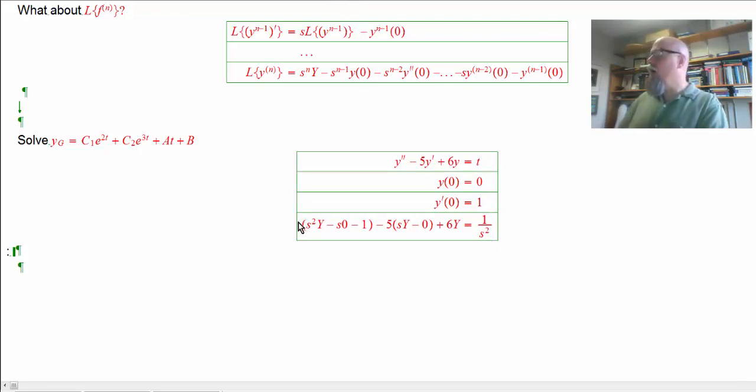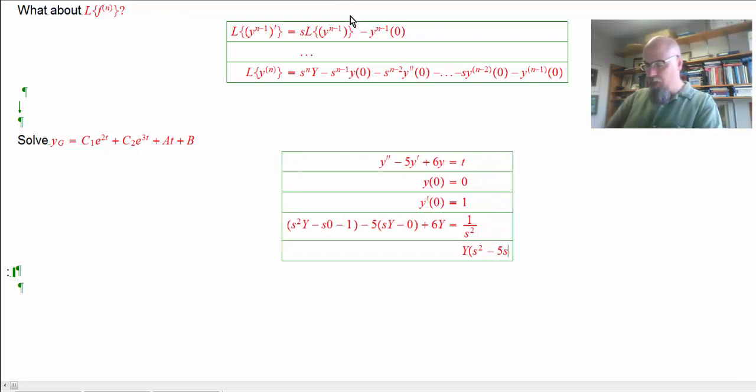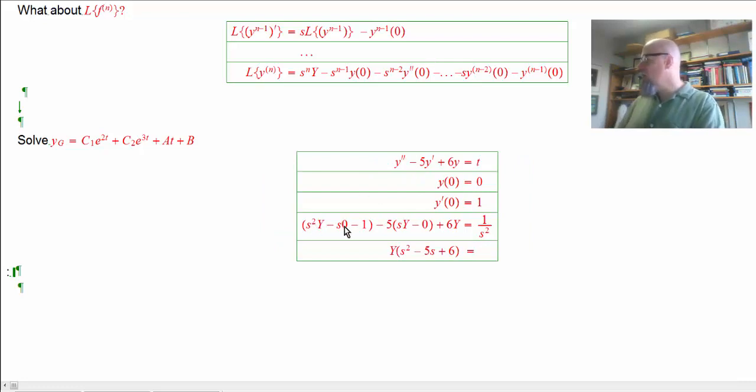So now our next step is to solve for Y. When I solve for Y, there's going to be Y times s squared minus 5s plus 6. There's the auxiliary equation. Those are all the pieces with a Y on it. The only piece that doesn't have a Y on it is this minus 1, and when it goes over to the other side, it's a plus 1.